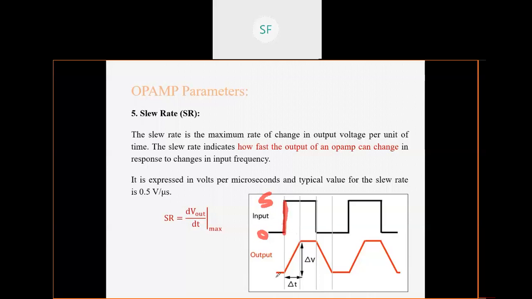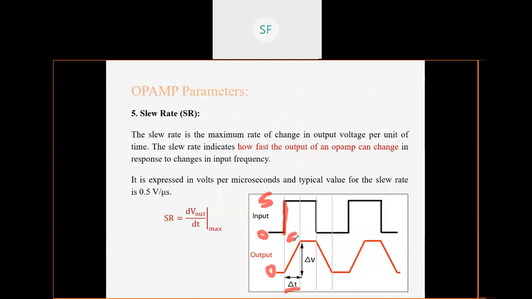But if you observe the output of the op amp, this change from 0 to 5, which was instantaneous in the input, will take some time. It will take some time to rise from 0 volt to 5 volt.